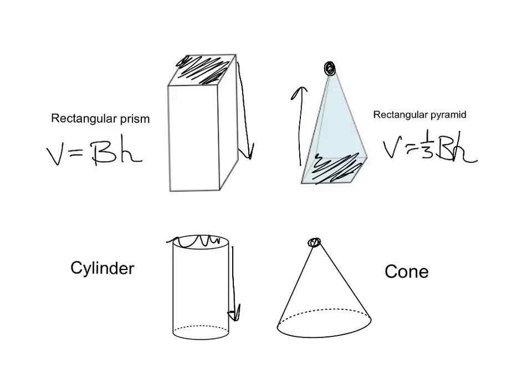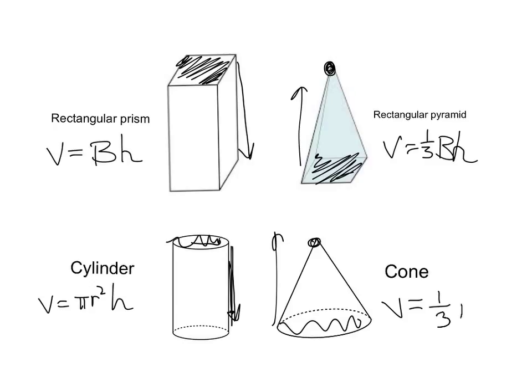So you have to multiply by 1/3 if it comes to a point. Okay, so for a cylinder, our volume is the circle, which is pi r squared, multiplied by the height at which that happens. Well, for a cone, when it comes to a point, the volume is 1/3 pi r squared h.